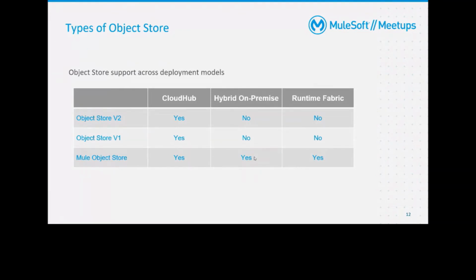From on-premise, we can access the object store service, but through a REST API, not through the connector. We will dive into that again, but mainly V1 and V2 are only for CloudHub implementations, and then Mule object store is supported by CloudHub, on-prem, and Runtime Fabric. In detail, we will see how each one behaves in the deployment models, right?